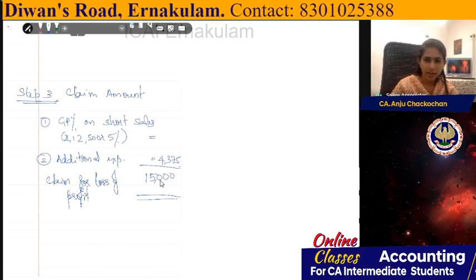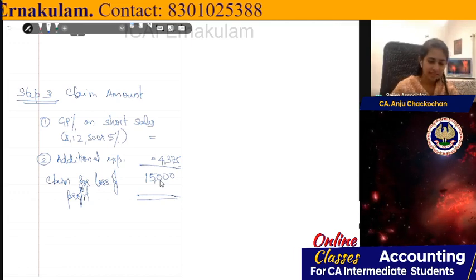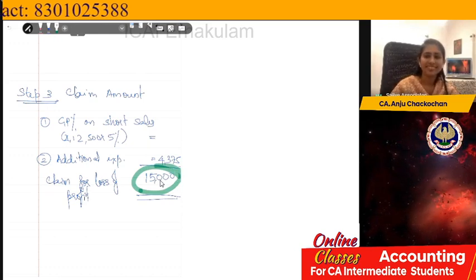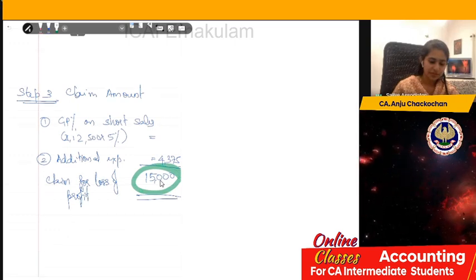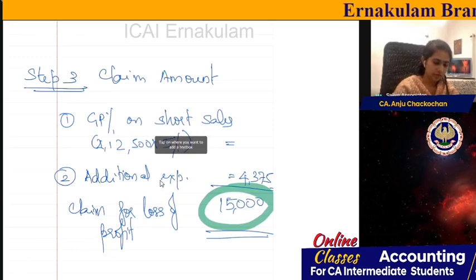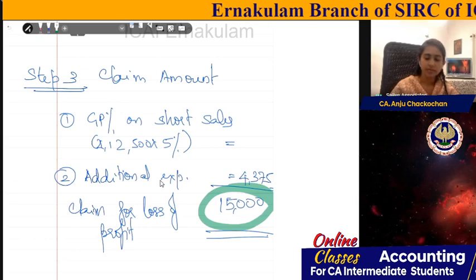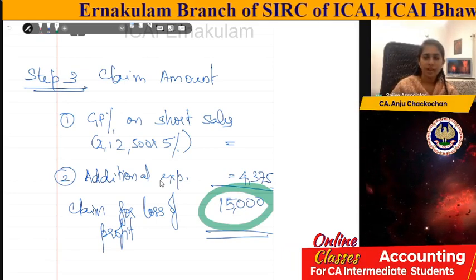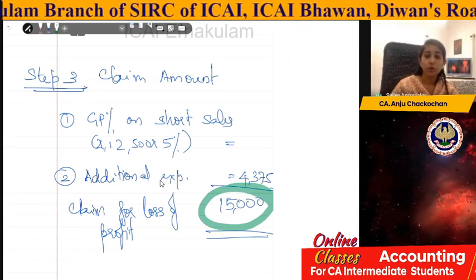Harshita, Donna. 15,000. Joel, Bagan, George. Good going.